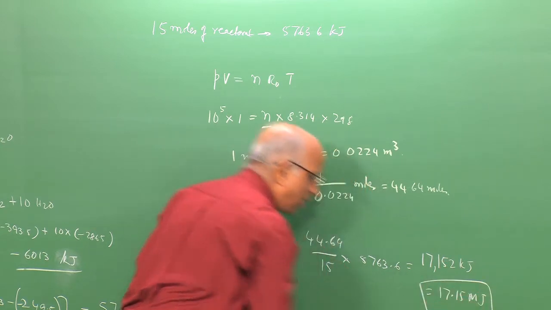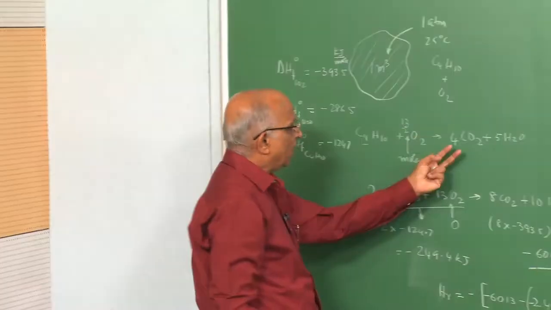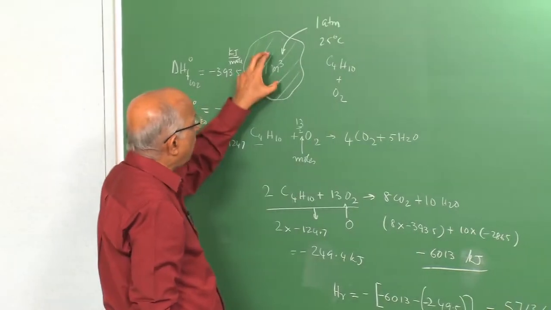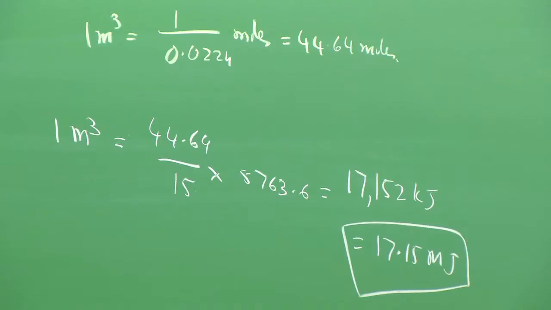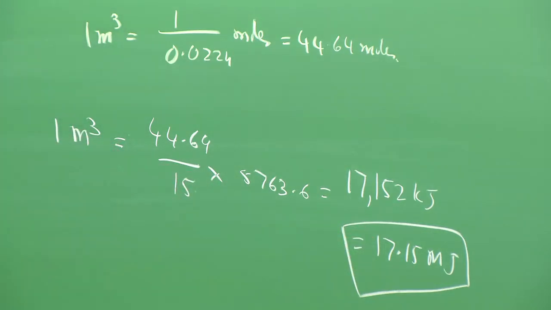This is the way we calculate the energy release, provided we assumed here that we are forming carbon dioxide. Therefore, for 1 meter cube, 17.15 megajoules of energy are getting liberated.